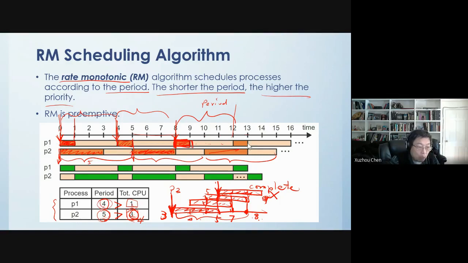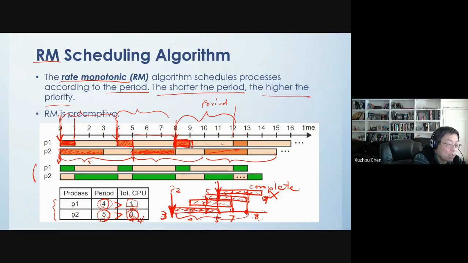Now the problem may arise if you have 2 real-time processes. They fight for the CPU. Here's an example: I have 2 processes, a multi-process environment, with different periods. Now if I use the real-time RM, the rate monotonic scheduling algorithm, that means I always allocate the CPU to the high priority process.